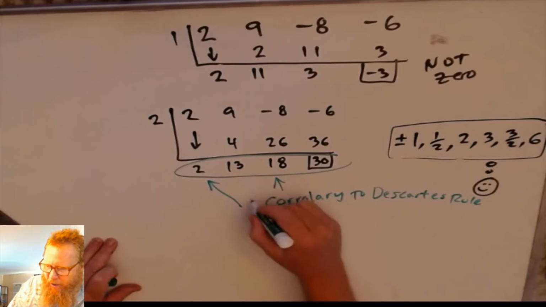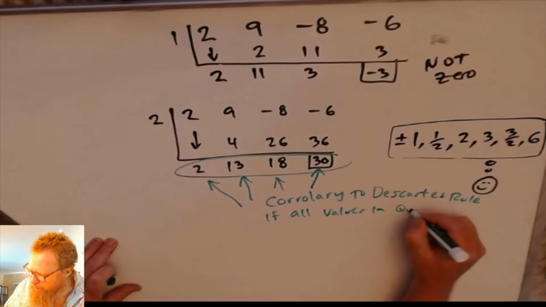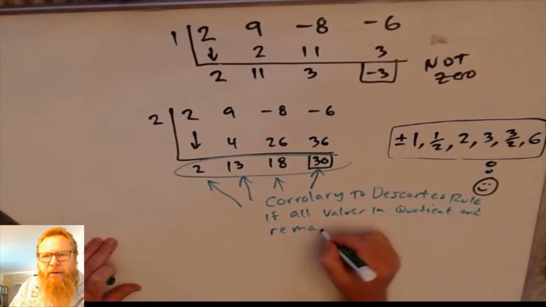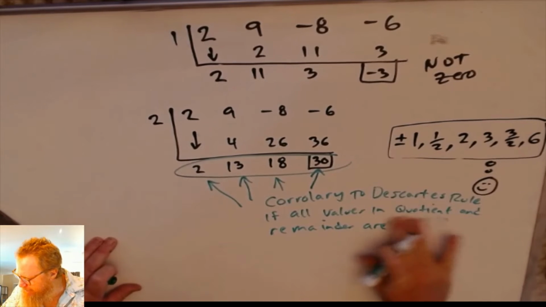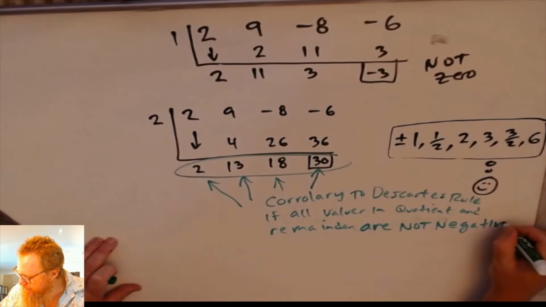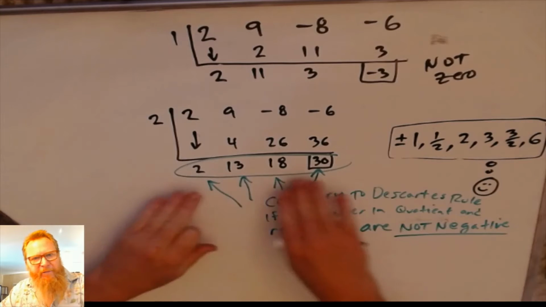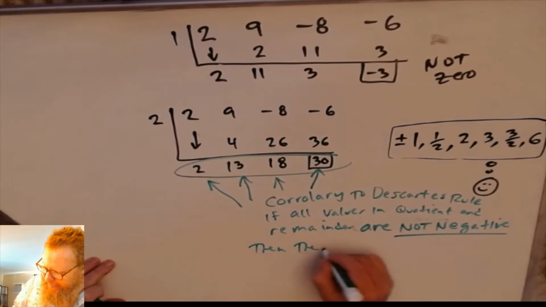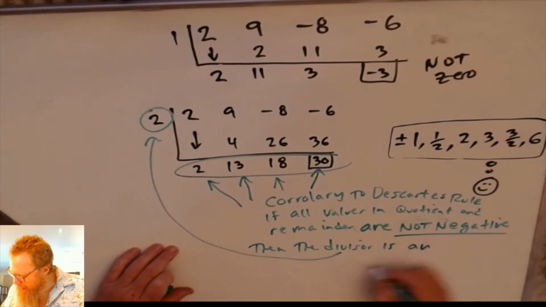If all of the values in the quotient and the remainder are positive, in fact, they don't even have to be positive, they just have to be not negative, so for example one of these could be 0 and that would be okay, but if all of these values are not negative, then the divisor, in this case 2, is an upper bound.